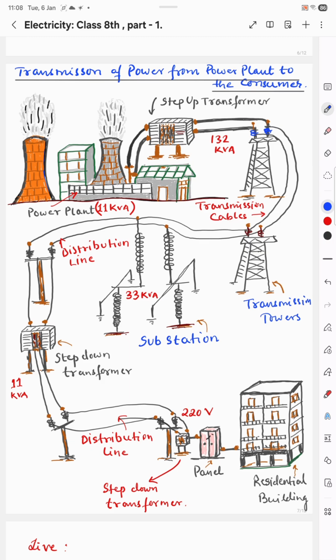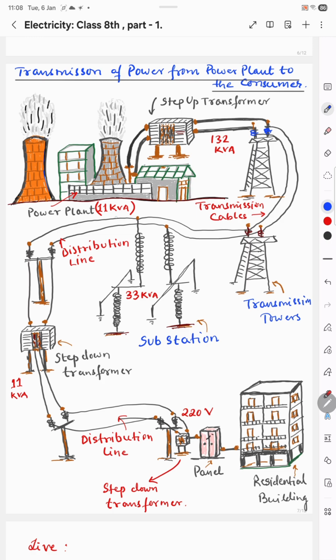So on an average 50 to 60 kilometers, sometimes more than 100 kilometers, the power has to be transmitted to reach the consumers. From this diagram we can understand how the power is transmitted. Basically this is the power plant, shown by a small diagram here. The power is generated in the power plant, generally at 11 kVA.